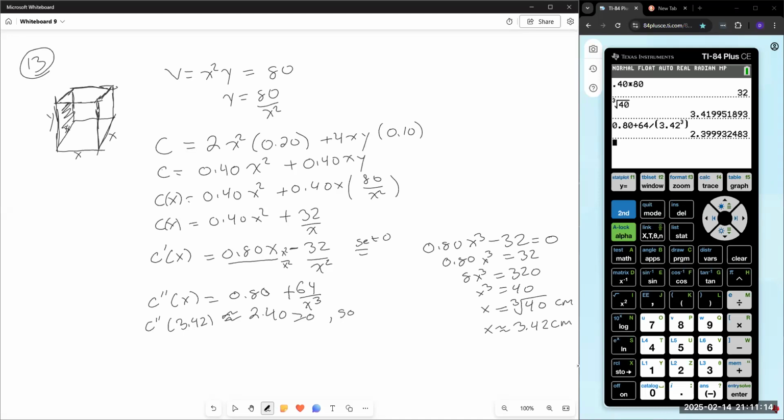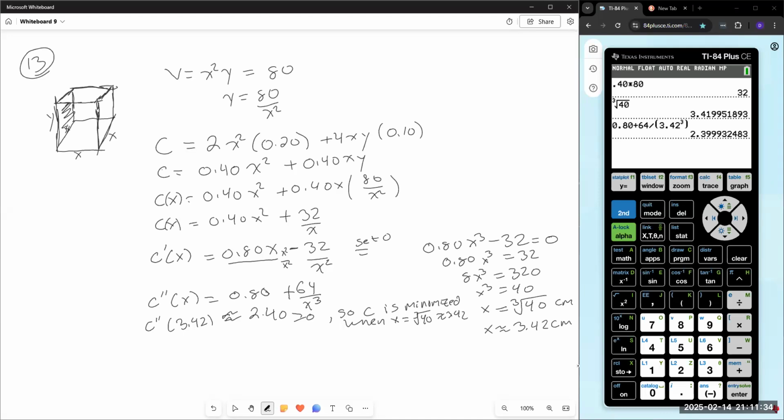So C is minimized when x equals the cube root of 40, which is approximately 3.42.